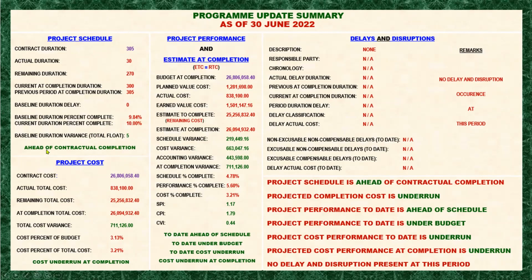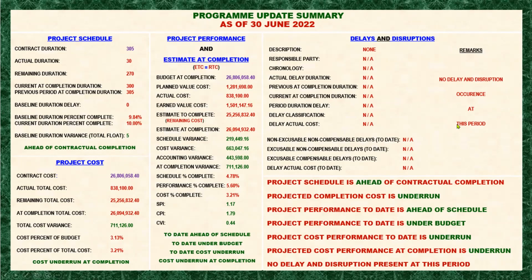It shows all ahead of contractual completion, and also the project cost, the performance, the estimated completion, the delays, and the final summary results of your project when it comes to cost, performance, and information on the delays and disruptions.